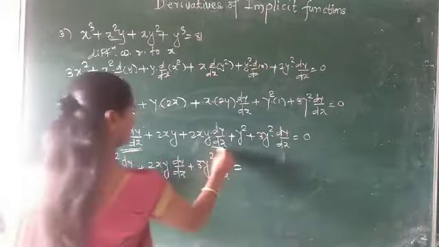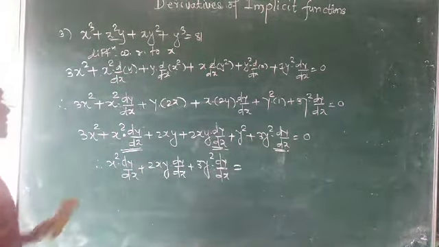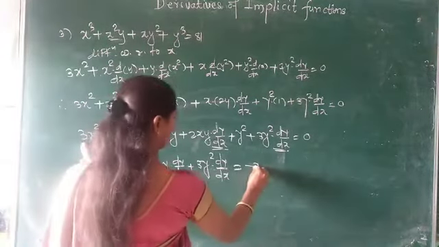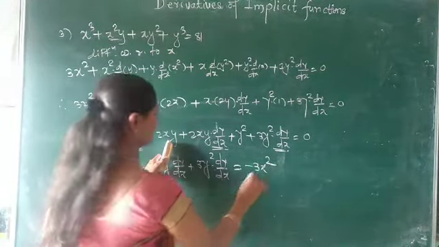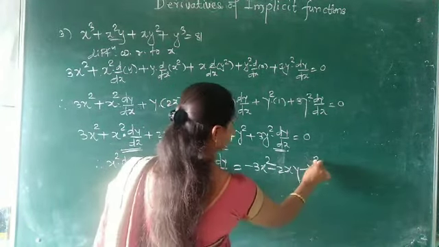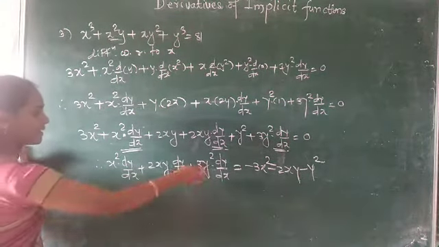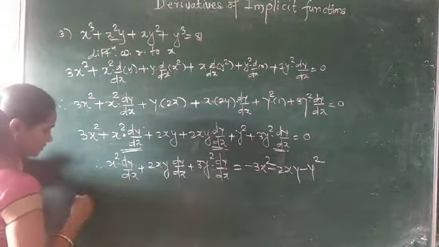Now minus 3x square, minus 2xy, and minus y square on the other side. Now take dy by dx common from these terms.